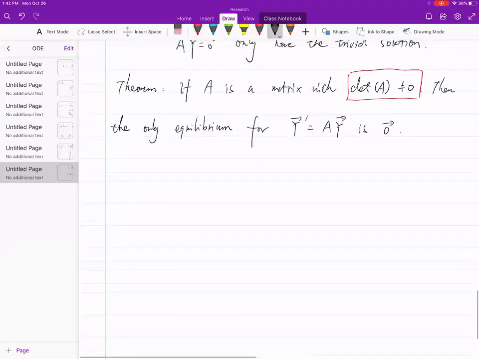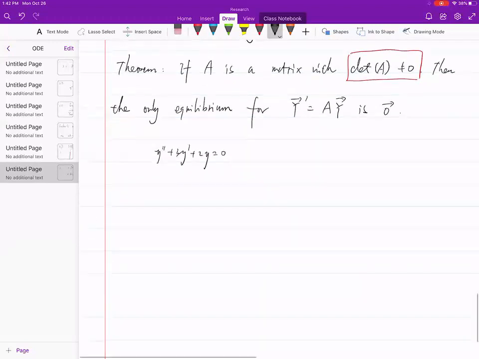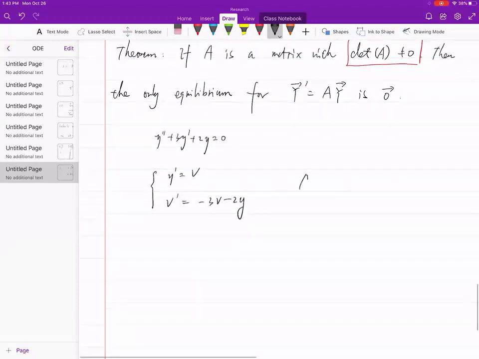Of course, we can quickly check. This is the damped harmonic oscillator. Okay, clearly A looks like. Let's not do this.